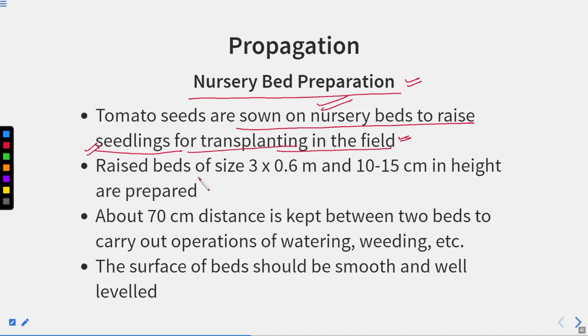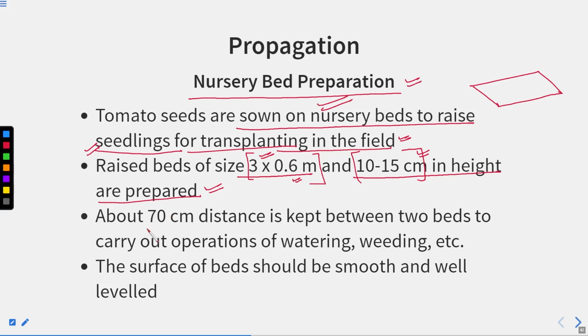Raised beds of size 3 into 0.6 meter and 10 to 15 centimeter in height are prepared, right? In this raised bed, the seeds are sown and the seedlings are grown.